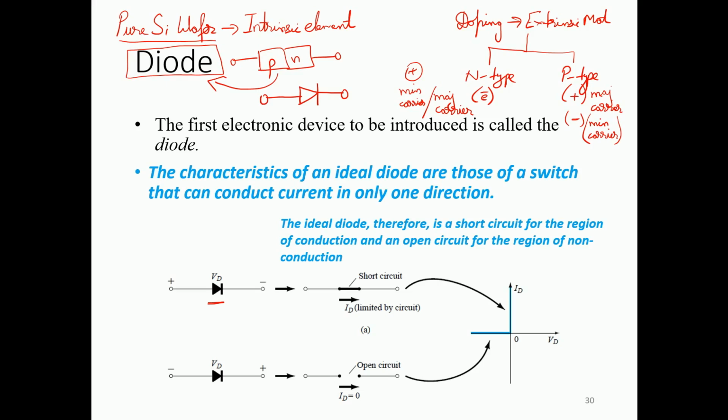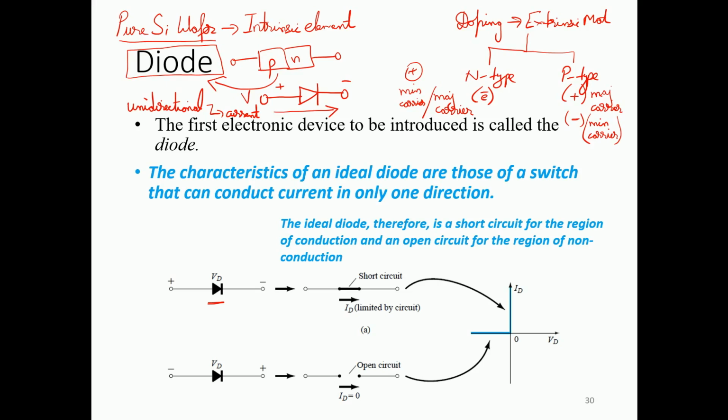A diode is basically a unidirectional device, which means that it can allow the flow of charges, which we call current, only in one direction. If this is my positive and this is my negative terminal, and we are following the conventional flow of current, then when voltage is applied to the terminals of the diode, the current is going to move in only one direction, from the positive to the negative end of the terminal.